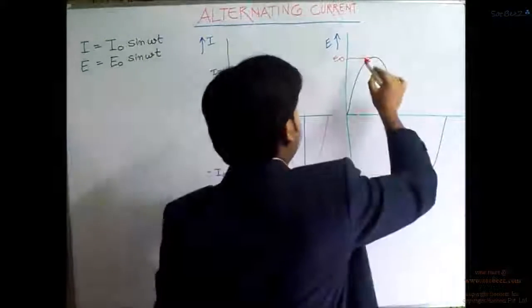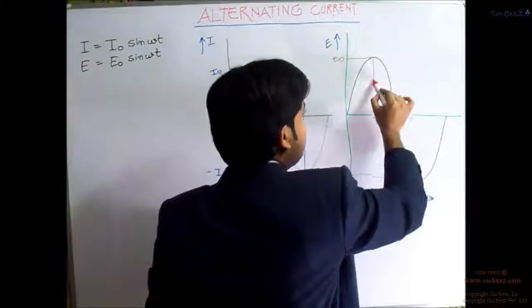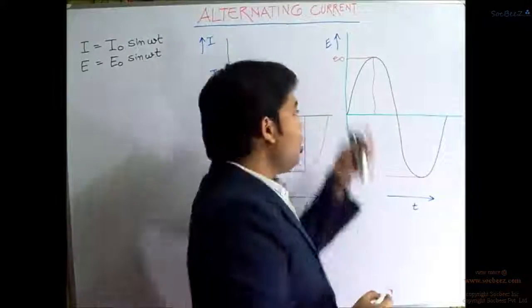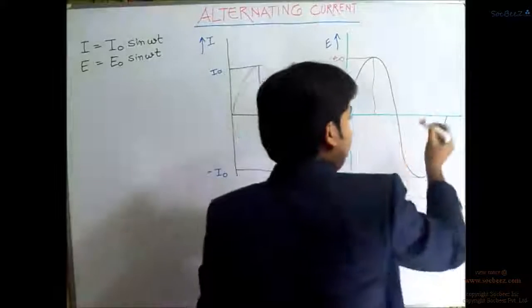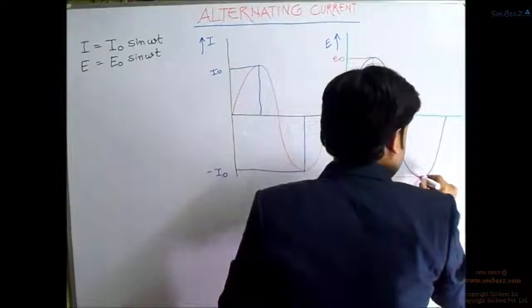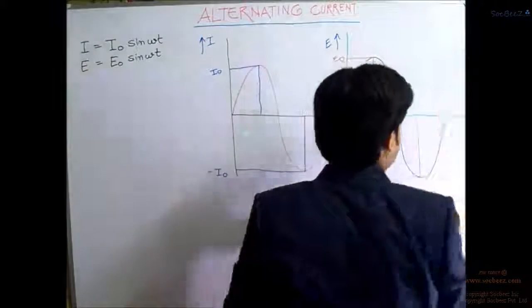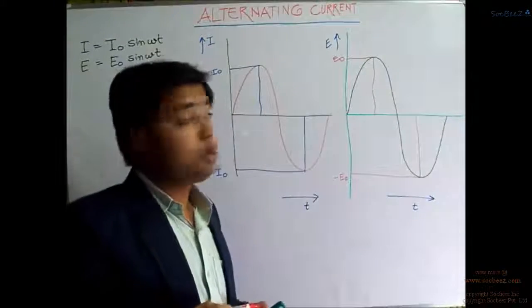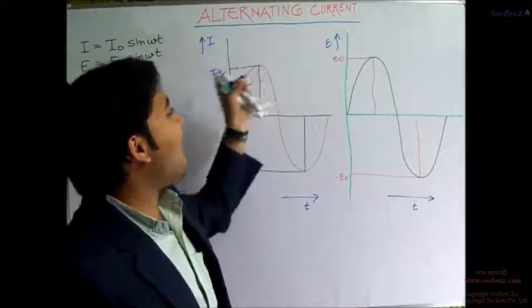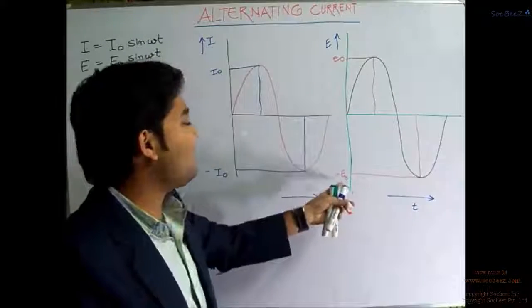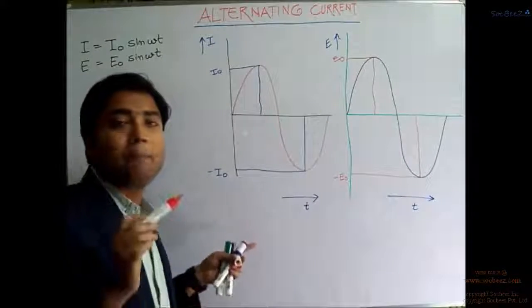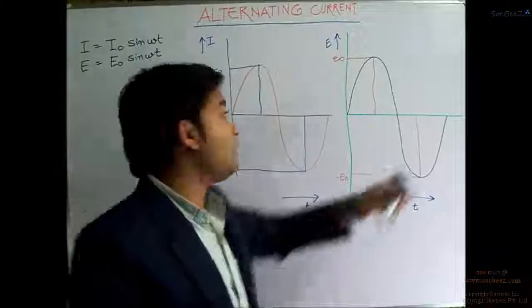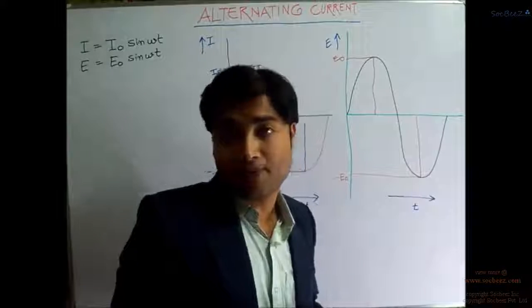And for which time? Draw the perpendicular line on the time axis, and we are going to find out what time it made its peak value. So I naught or E naught or minus E naught or minus I naught are the peak values of this for the alternating current and this for the alternating EMF, right?